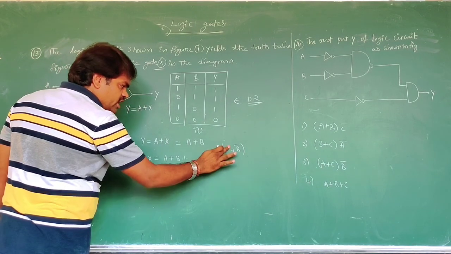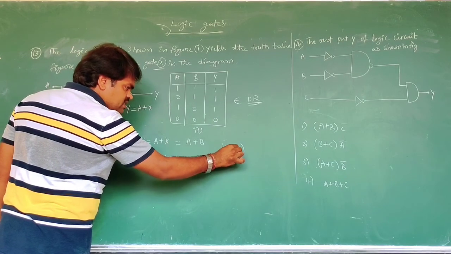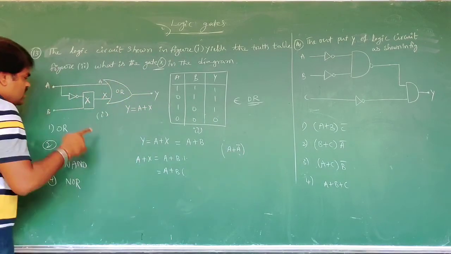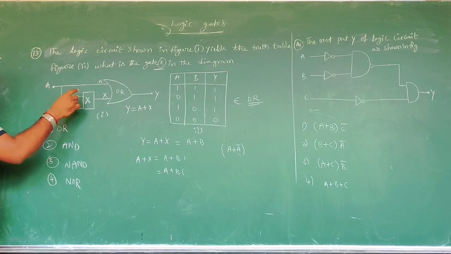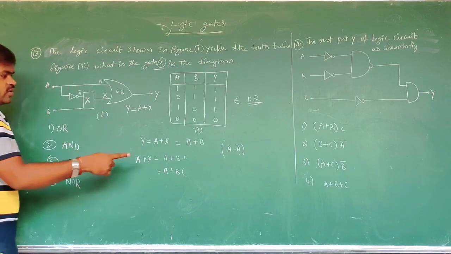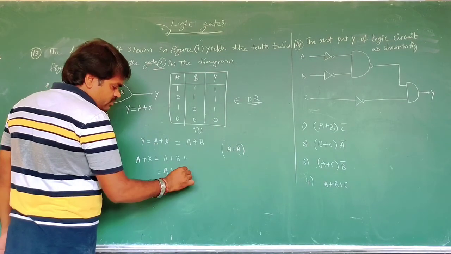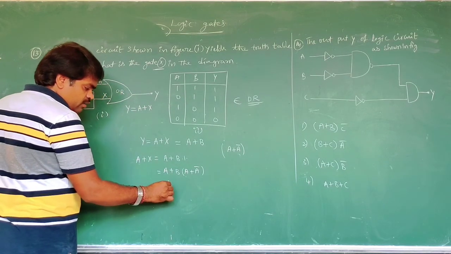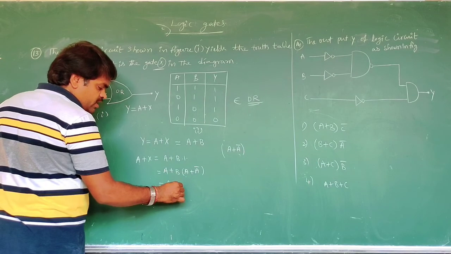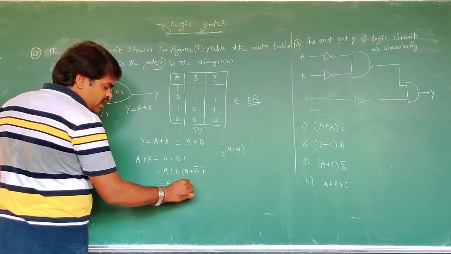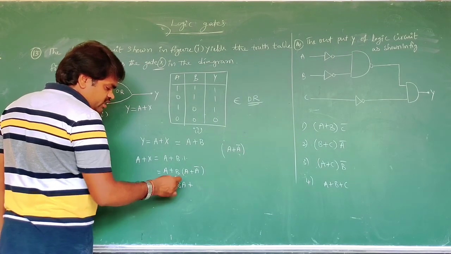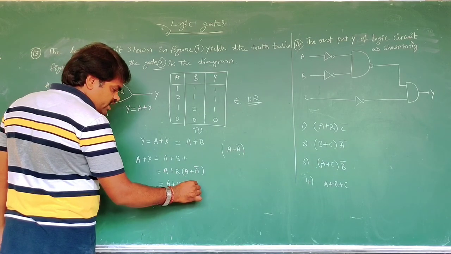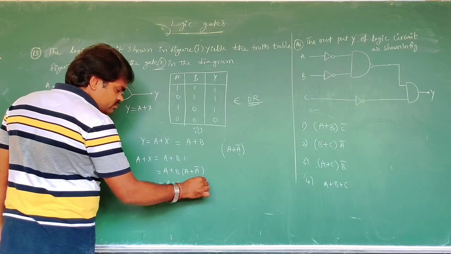so you can take A plus A bar. Why we are taking A bar? Because A bar is there here. That's why in terms of A plus A bar. Now A plus B A, plus, here we write B A bar.